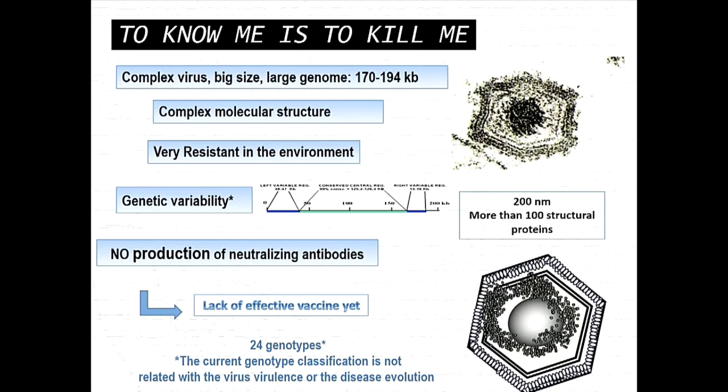This one is very complex, and is also very resistant. One of the important points of this structure is that it makes the virus very resistant in the environment. That's the reason why ASF is moving.